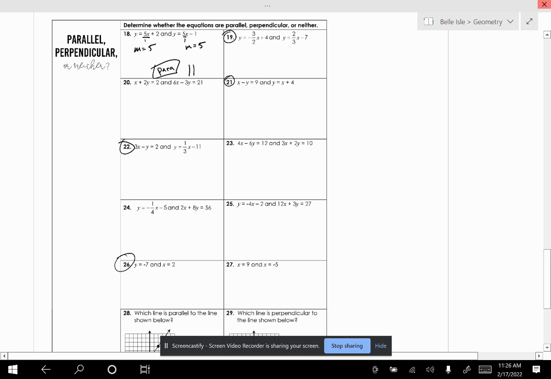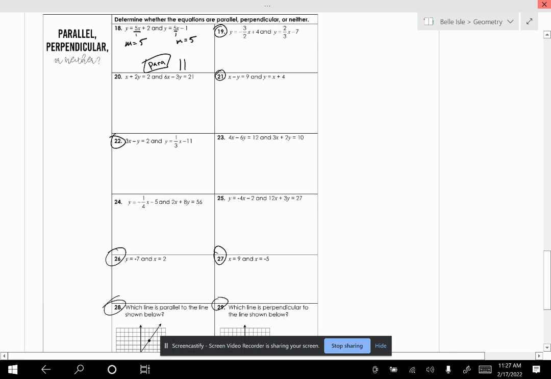So you can pick between 26 and 27, and then 28 and 29. It's an upside down capital T. You're welcome.